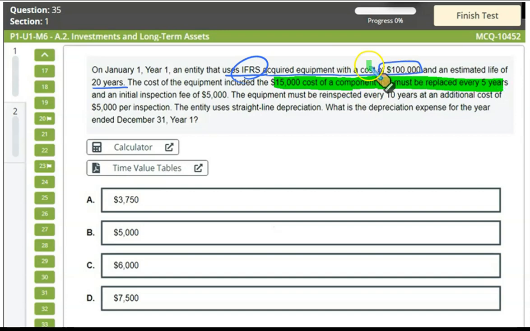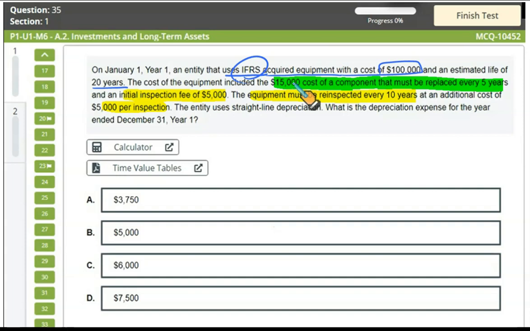Within this $100,000, there is another element: an inspection cost of $5,000. The equipment must be re-inspected after every 10 years at an additional cost of $5,000. Please remember, under IFRS, an asset must be broken down into its components if the component costs are significant and the components have different lives.